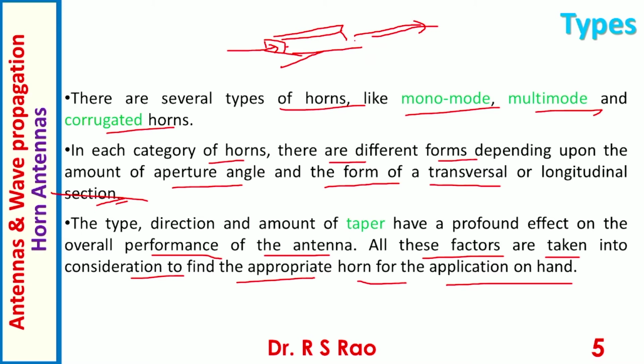What is that problem? If you consider the opening through which the wave is entering into the space, up to this point, the wave sees one impedance of the waveguide, and while entering into the space, it sees another impedance of the space. These two impedances are different.